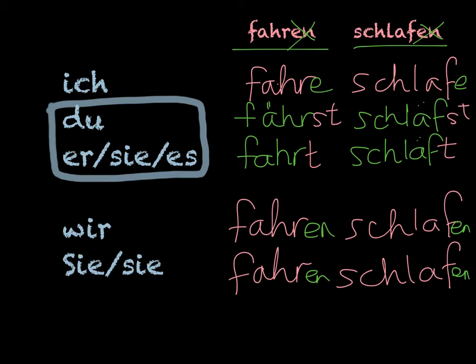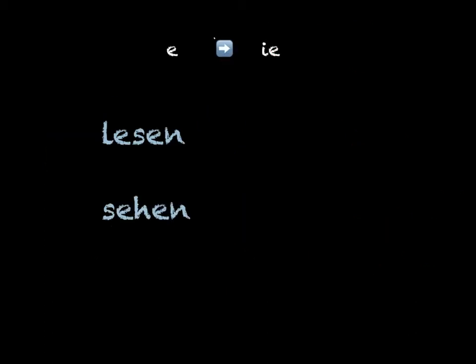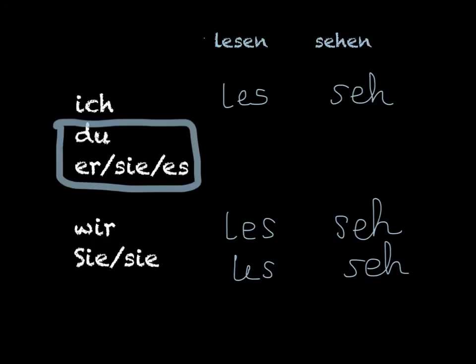Let's have a look at the second group of verbs, where there is a stem change to the vowel. This time, the stem change is going to be an E, which changes to an IE. Okay, so we're on to lesen.